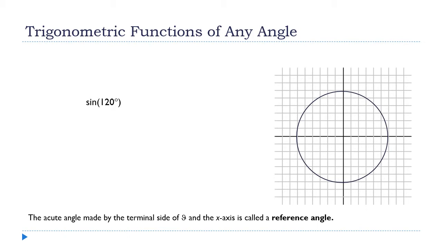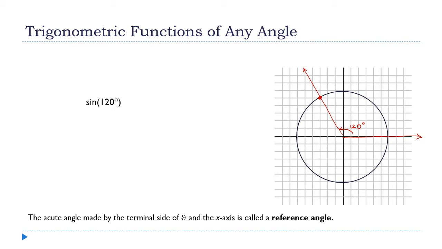I'm going to draw the initial side where it always is, right on the positive x-axis, and the terminal side is going to be going this way. So this angle here is more or less 120 degrees. Now, the sine of this angle will be the y coordinate of this point.